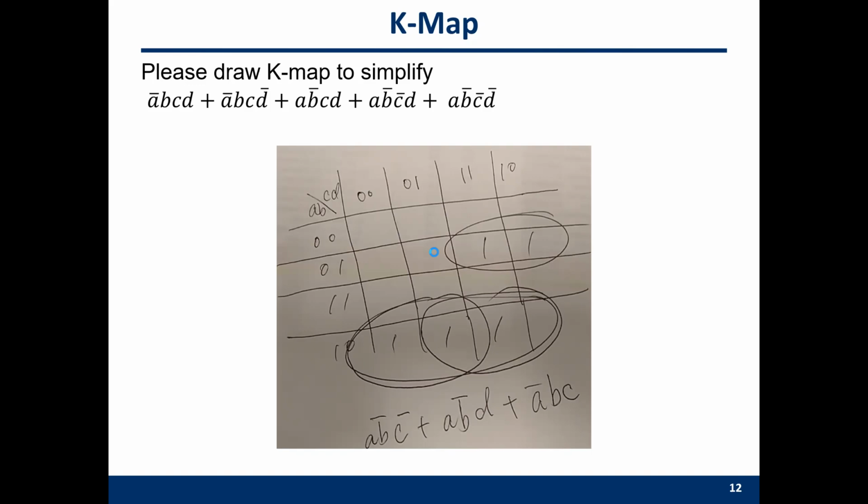The same as a truth table, you need to list all the values. 0, 0, 0, 1, and 1, 1. Now 1, 0 is 1, 1, and 1, 0.